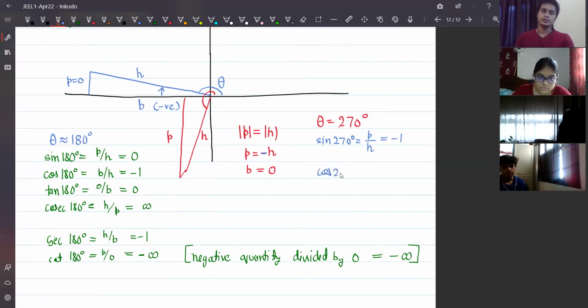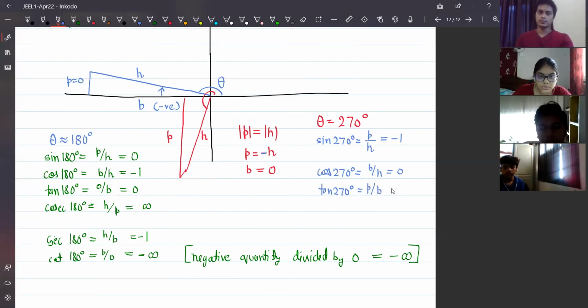Cos 270, B by H, 0. Tan 270, P by B, infinity or minus infinity? Minus. Remember, perpendicular is negative. So it is minus infinity.